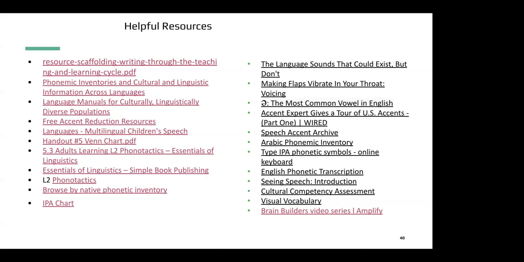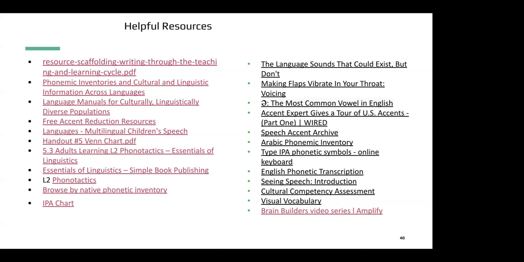This page has a lot of samples of how letters look and sound in different languages. One of the things we've done in some of our past workshops is take the English language and the student's home language and make a Venn diagram where the English letter sounds are on one side and the home language sounds are on the other side, and where they cross over are sounds that are shared.